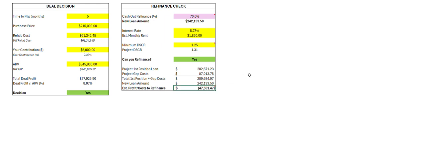So what that means is that we would have to contribute about $47,000 into the deal in order to have everybody paid off in the first position and the gap, and then be able to hold on to the property from that point on. So you want to make sure at this threshold is something that you can afford. But in terms of if it can be refinanced, the answer is yes.